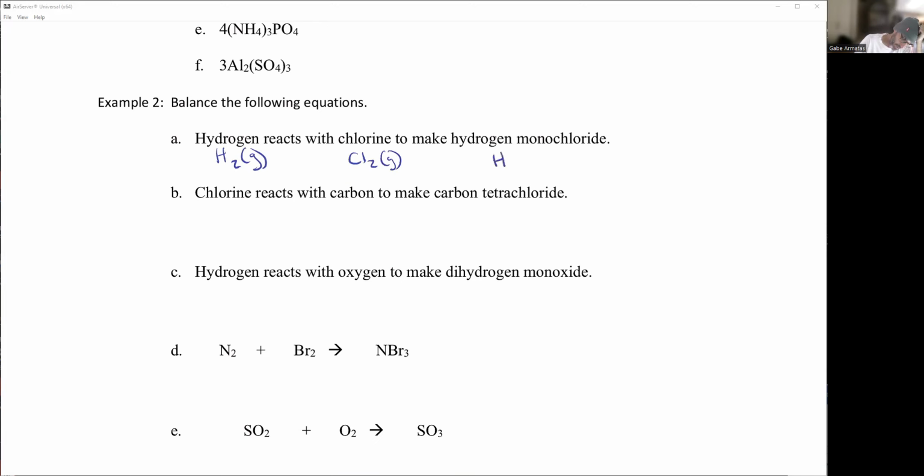And hydrogen monochloride, HCl: we don't see anything about what it is, so honestly the phase does not matter as much there. Gas is usually what you would put. So hydrogen plus chlorine yields HCl. Go ahead, balance this out. Should be relatively simple.